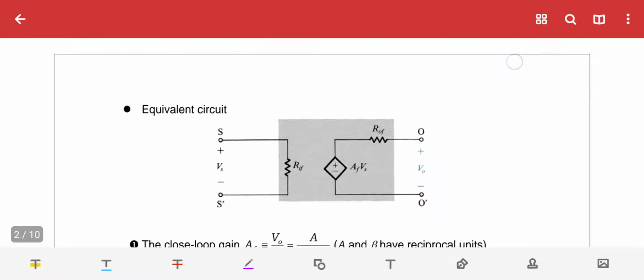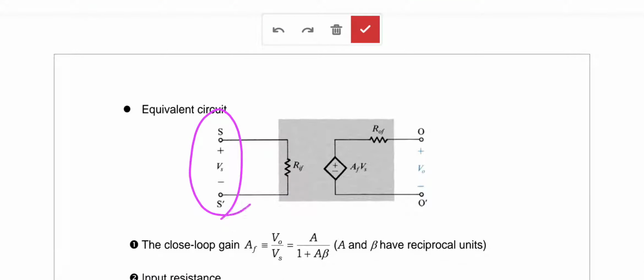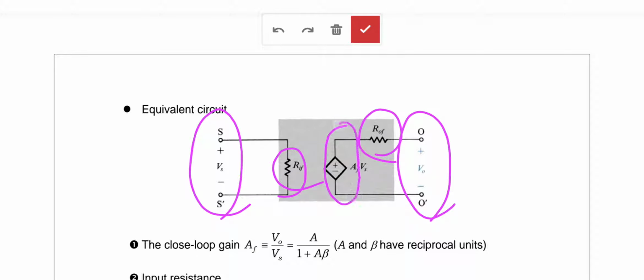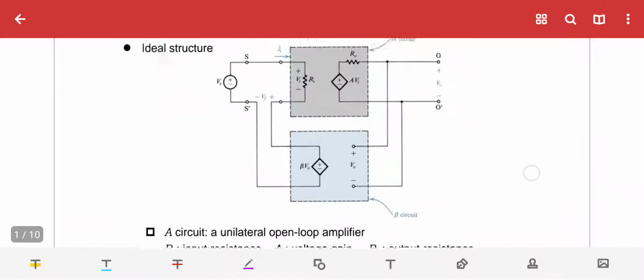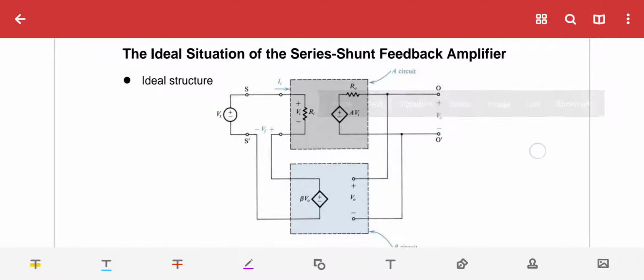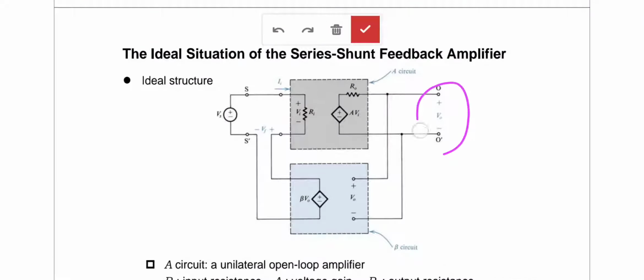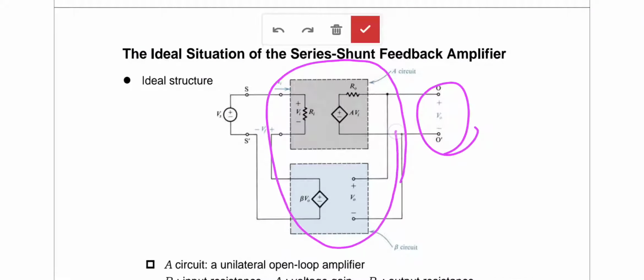So you can see here, input is Vs, output is Vo, input resistance with feedback is Rif and output resistance with feedback is Rof, and this voltage source is AF into Vs, because the main output voltage is nothing but the gain with feedback AF into main input Vs. So Vo is equal to AF Vs, that is represented through a voltage source.